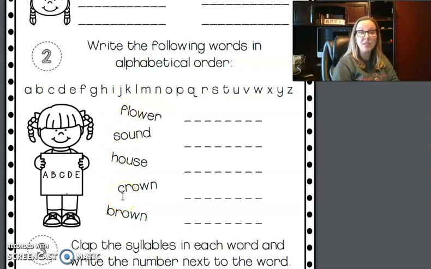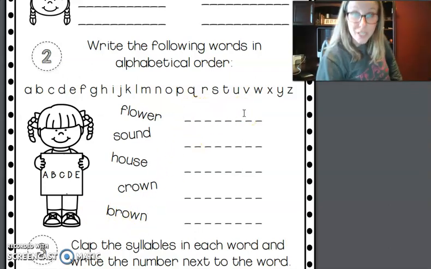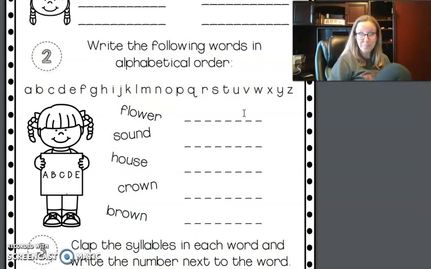If you see one that starts with the letter A, that will be your first word. If there's no letter A, which I don't see one here, you'll move on to the next letter, which is B. So looking at the first letter, oh, there's one that starts with the letter B. So this B-R-O-W-N, brown, will go here on my first line. That is the first word in ABC order.